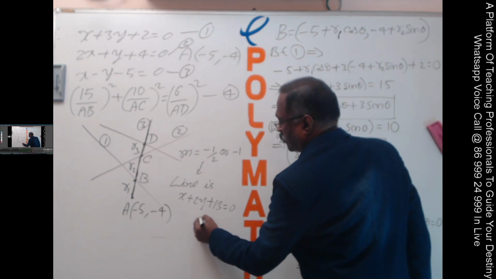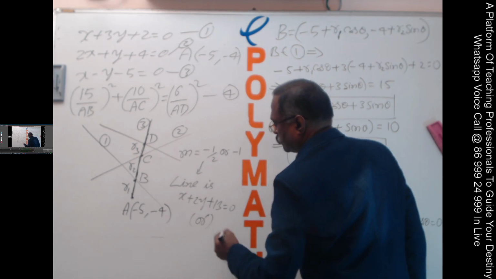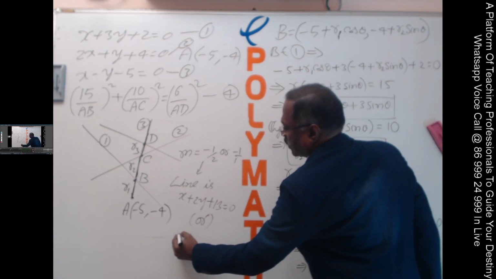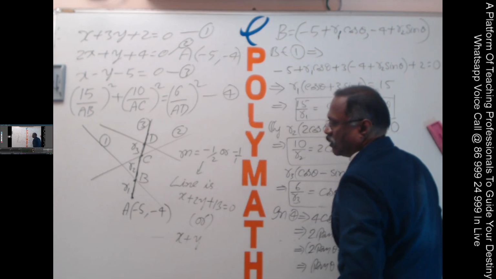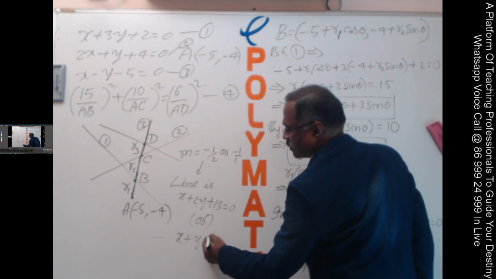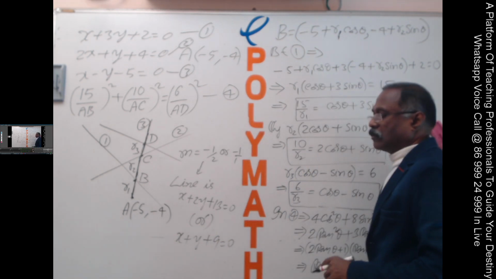Or it can also be this one, x plus y is equal to minus 9, x plus y plus 9 equal to 0.